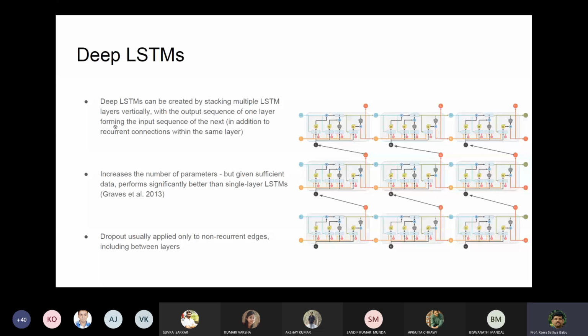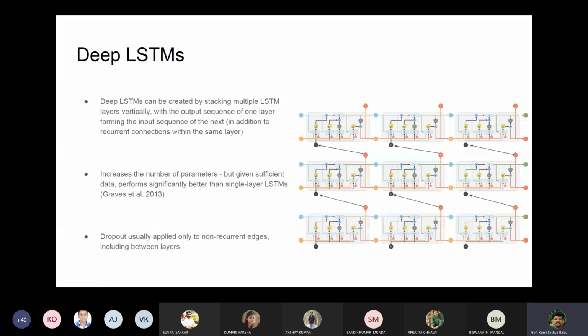Deep LSTMs increase the number of parameters, definitely, but given sufficient data they can perform much better than single layer LSTMs. Of course, there can be dropouts, which are usually applied only on the non-recurrent edges. So wherever you have dropouts, you can completely cut out those values, for non-recurrent edges only.